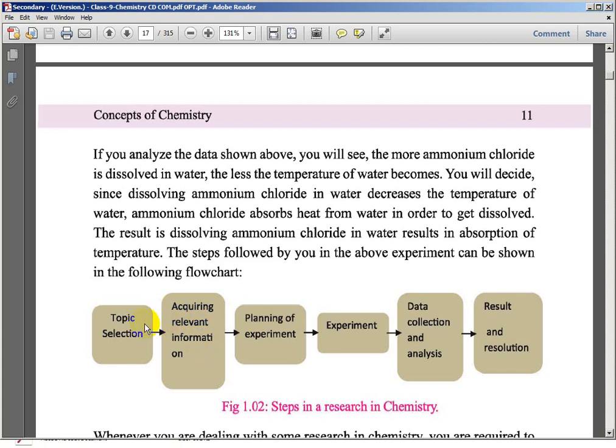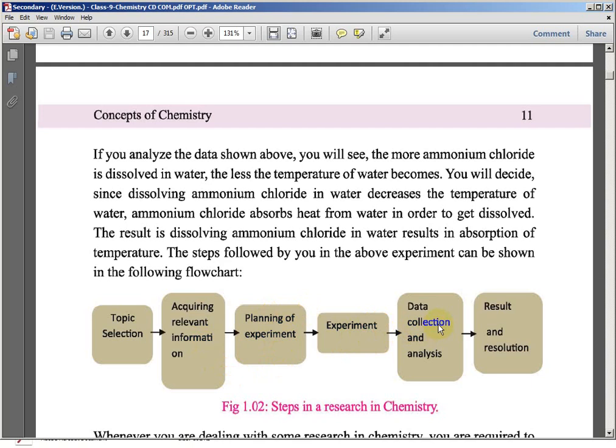The first step is topic selection, the second step is acquiring relevant information. Then you set a plan for how you will do the experiment. Then you do the experiment, then data collection.